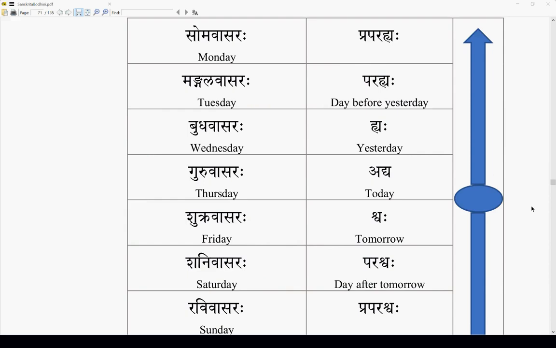Why can't I just name them after some beautiful flowers, or after some colors, say Shvetavasaraha, Raktavasaraha, Pitavasara, Haridvasara, like that? Why these planets?